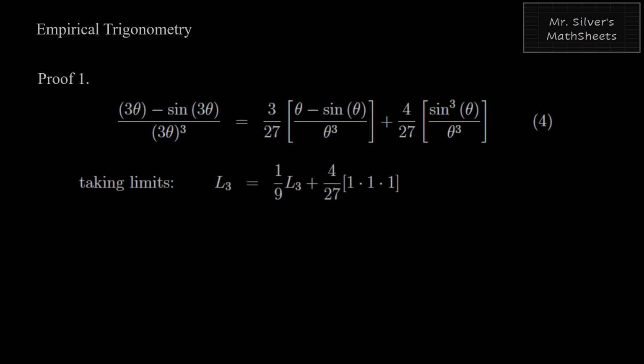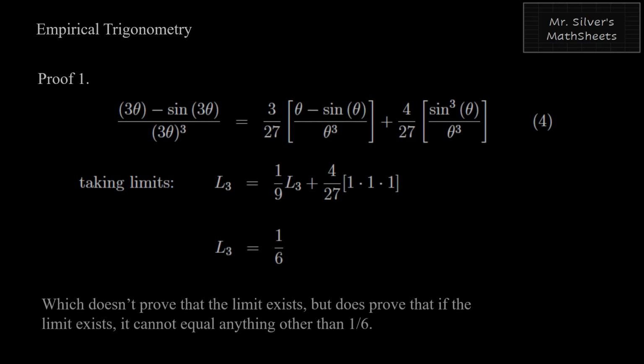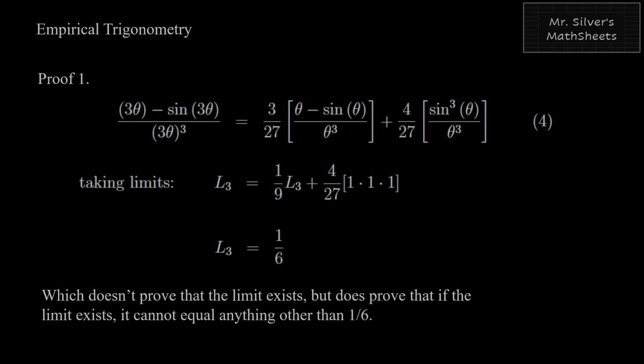So we'll take the limits as theta goes to 0, and we'll get L3 is equal to 1/9 L3 plus, and the last limit is 4/27. So L3 is equal to 1/6.